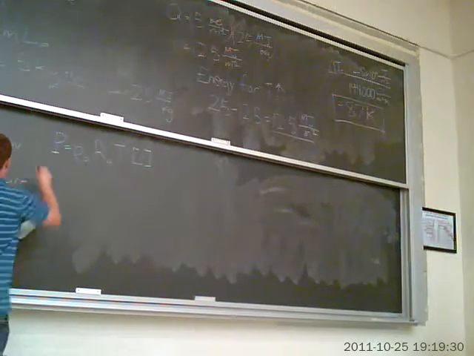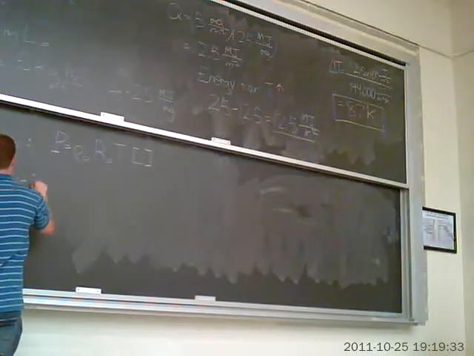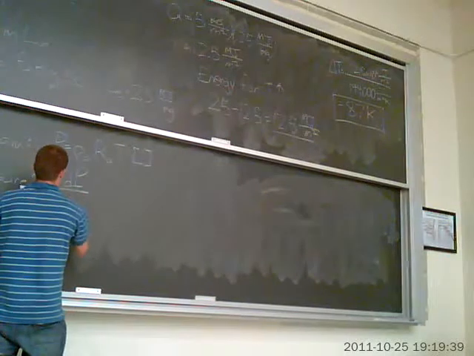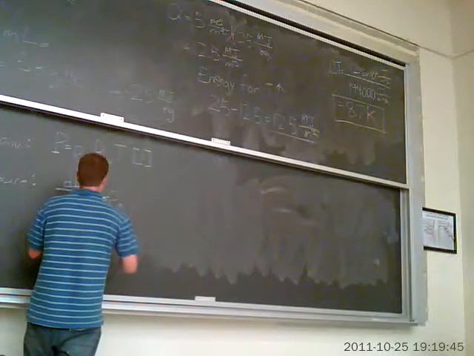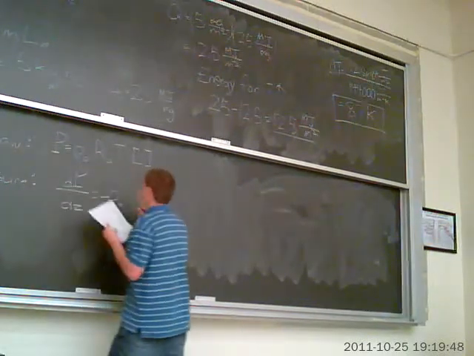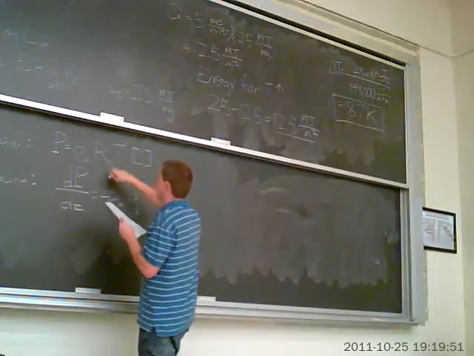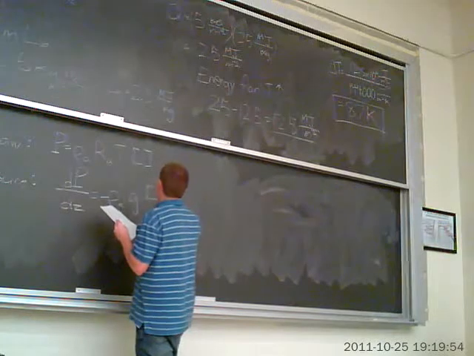We have hydrostatic pressure: changing pressure over changing distance is equal to minus rho g. This is for air, so we call that equation 2.